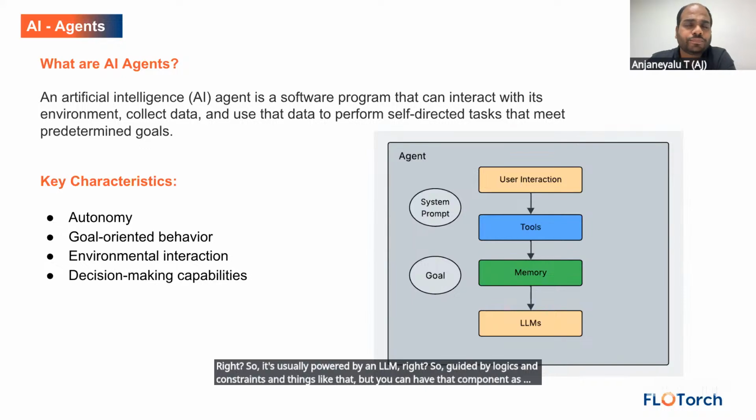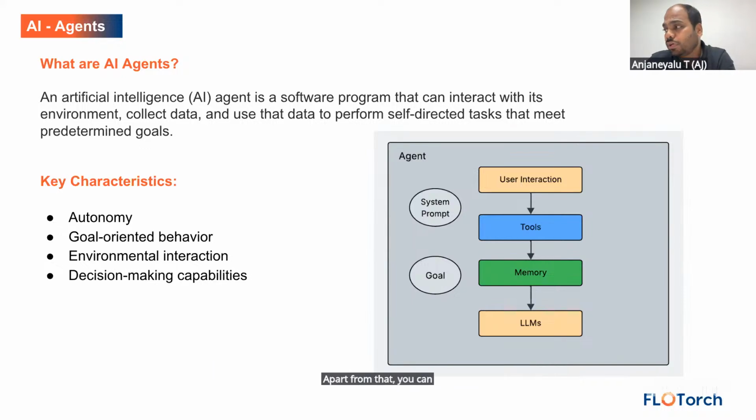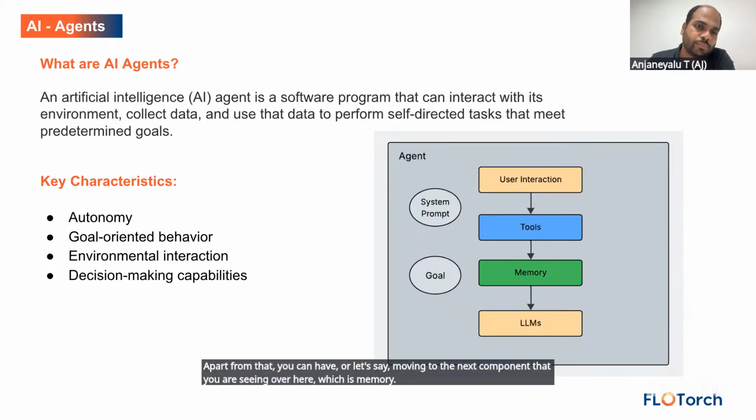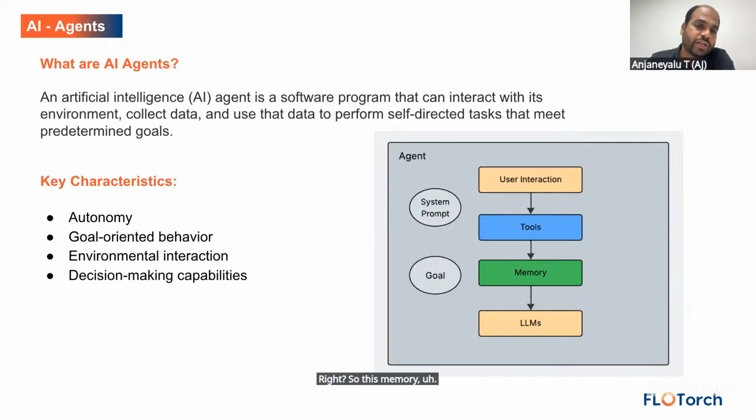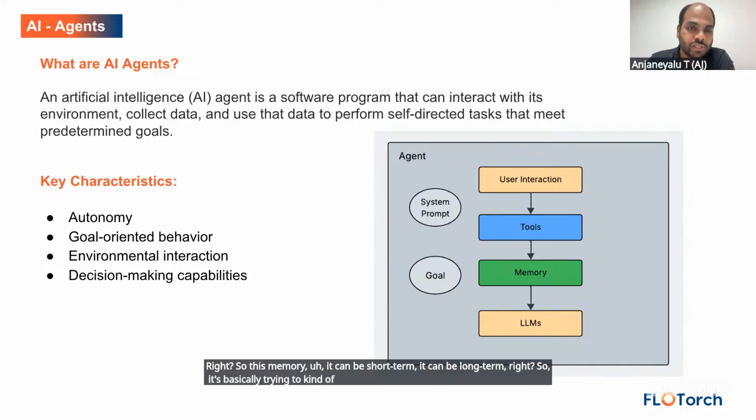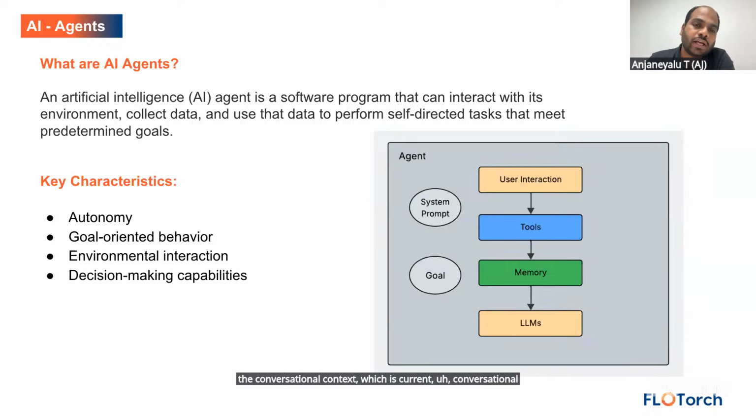Moving to the next component that you are seeing here, which is memory. This memory can be short term or long term. Short term is trying to save the current conversational context. Long term can be learned preferences.